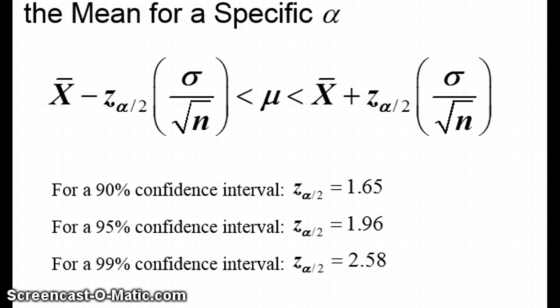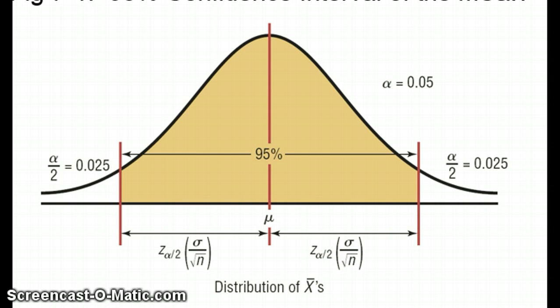If we've got a 95% confidence interval, we've got 2.5% in each tail, and our critical values are 1.96. For a 99% confidence interval, we only have 1% left, split in the two tails, and our critical values are 2.58. So here's an example. Here's the picture. Here's the 95% sitting in the middle of the standard normal curve with 2.5% in both sides.